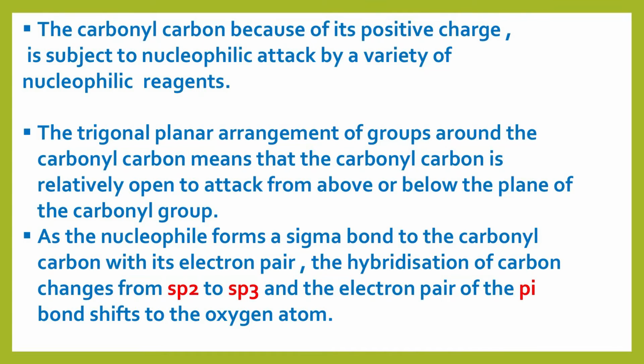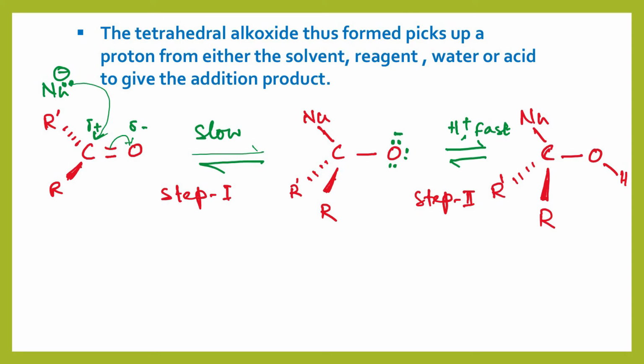Next, as the nucleophile forms a sigma bond to the carbonyl carbon with its electron pair, the hybridization of carbon also changes. You see here, hybridization of carbon changes from sp2 to sp3. See the mechanism displayed on your screen, the carbonyl carbon is now attacked by the nucleophile, making a 107-degree angle with the carbon-oxygen double bond.